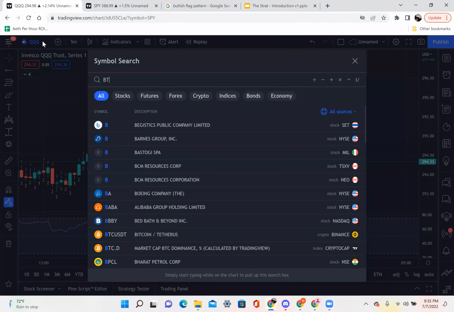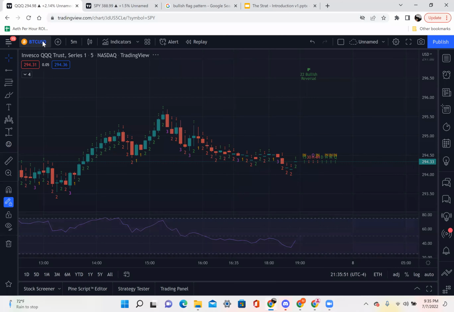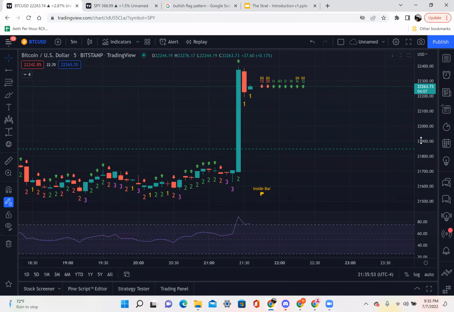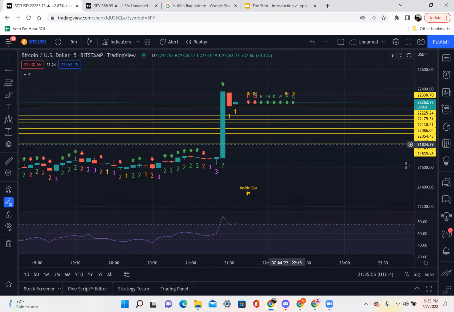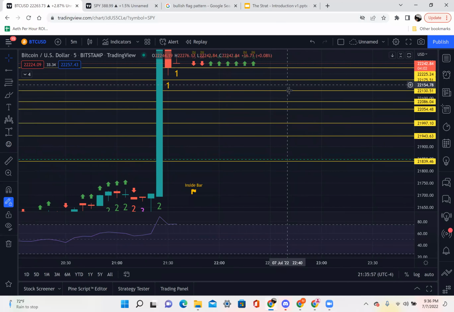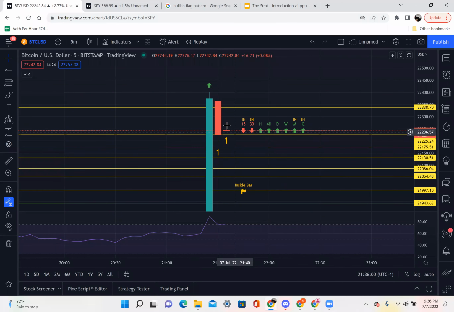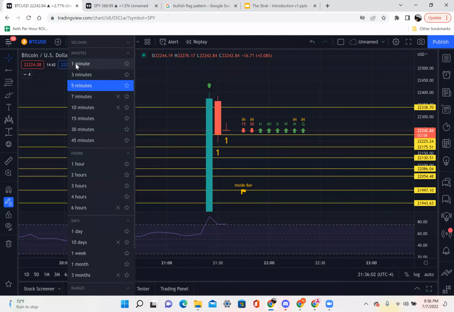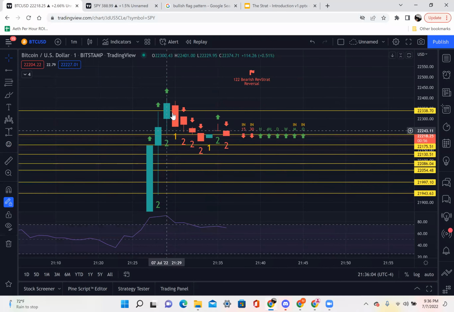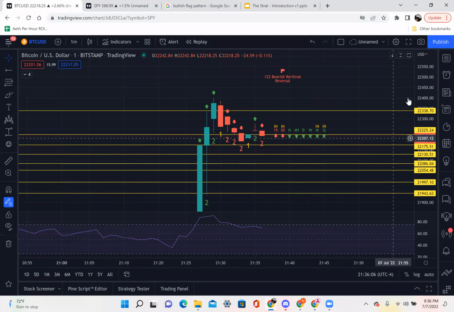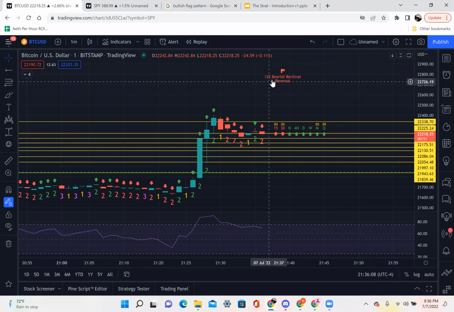Let's go to BTCUSD, Bitcoin, and you'll see it populate just like that, right? Let's take it over to the 1 minute so we can see it actually happen. Nice, to the downside. See, 1-2-2 rev strat.